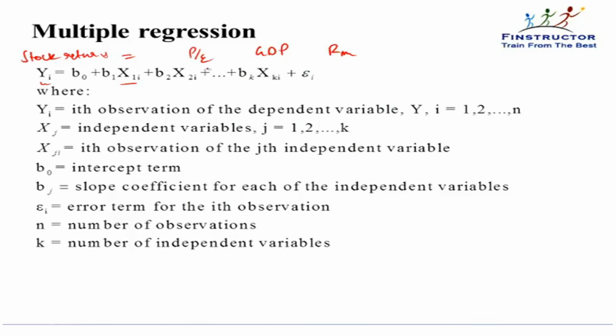If the relationship is of the sort as described, then the simple linear regression that we studied in the previous review will not be able to entirely capture the relationship between the stock returns and the independent variables.